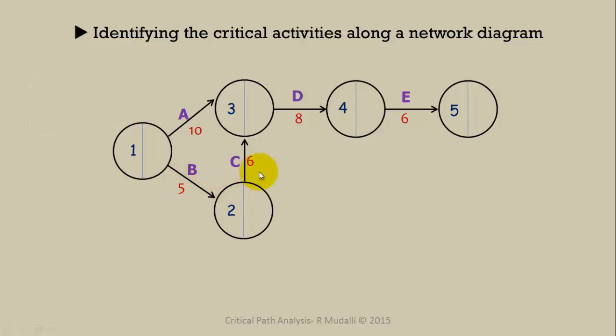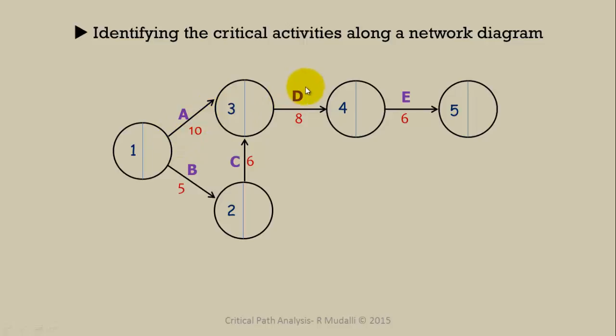On the other hand, we can notice that activity C cannot start unless activity B has finished. So therefore, activity C depends on activity B. Same for activity D. Activity D cannot start unless activity C is finished and unless also activity A has finished.